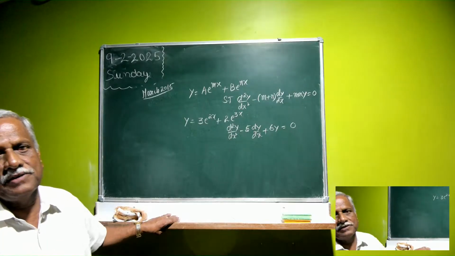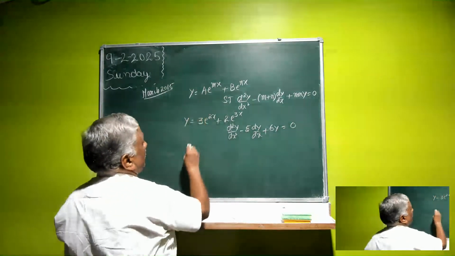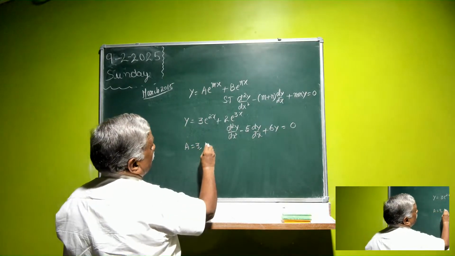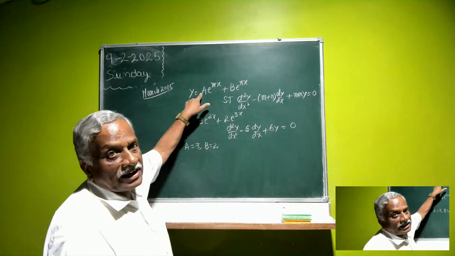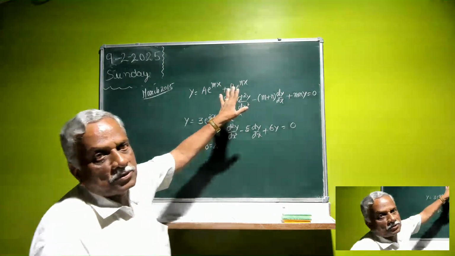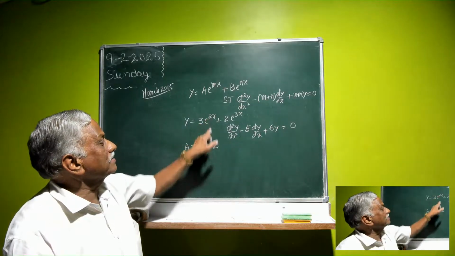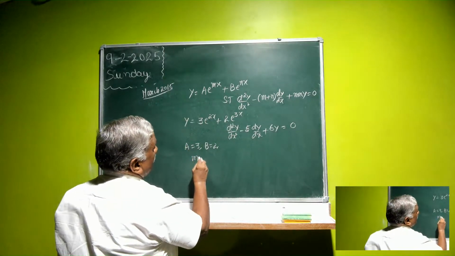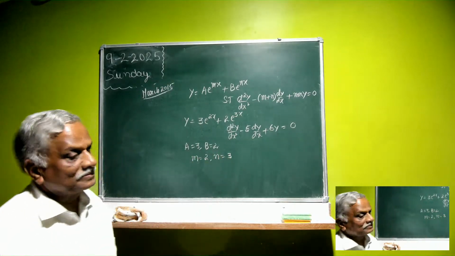If you observe carefully, both the problems are same. A is equal to 3, B is equal to 2. So in place of 3 they have written A, in place of 2 they have written B. Therefore a e to the power of mx and b e to the power of nx. But what is m? m is equal to 2, n is equal to 3.